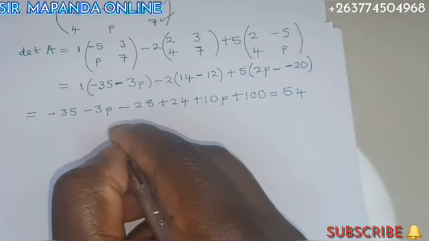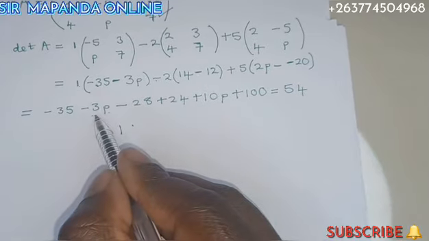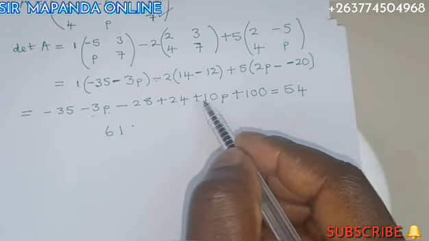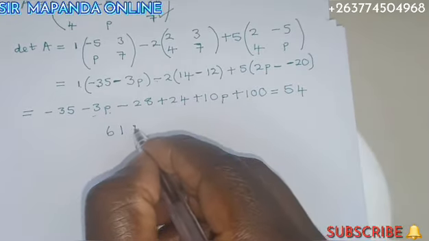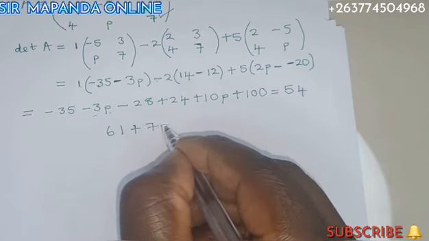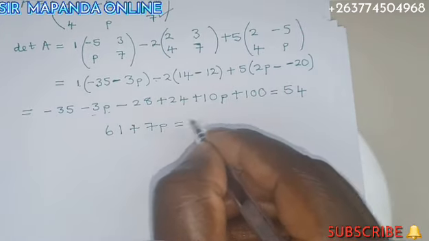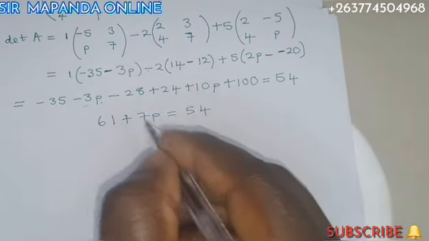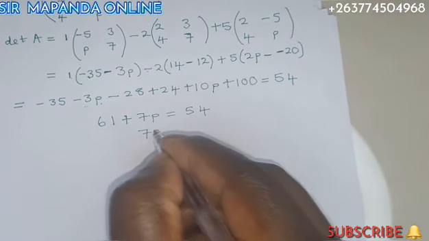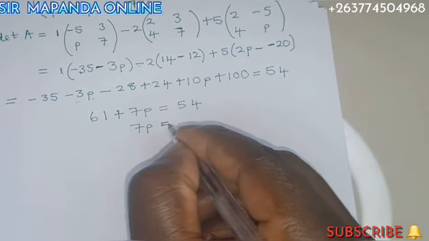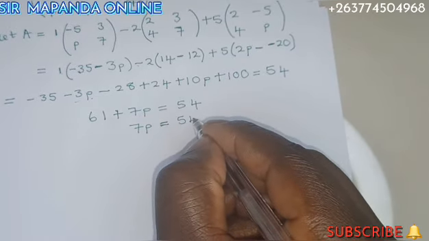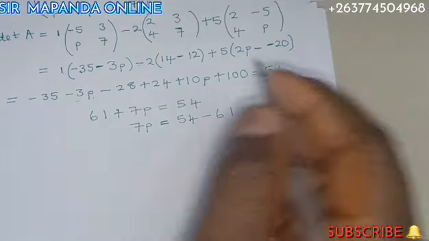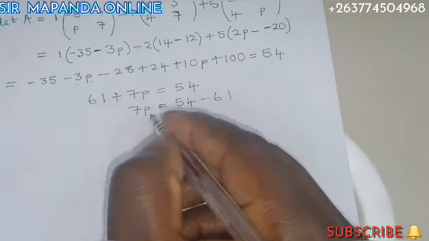So I'm going to write 61 here. Then minus 3P plus 10P, you get positive 7P. Equate these two to 54. I hope you are listening. So you get 7P is equal to 54 minus 61. It gives you minus 7.